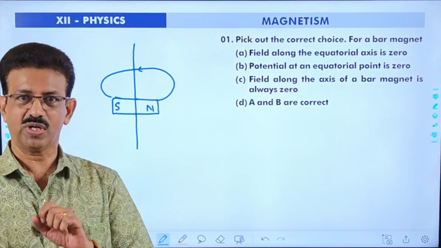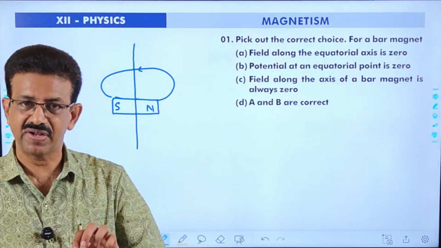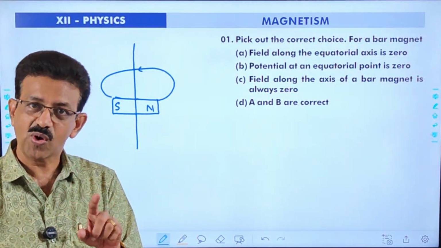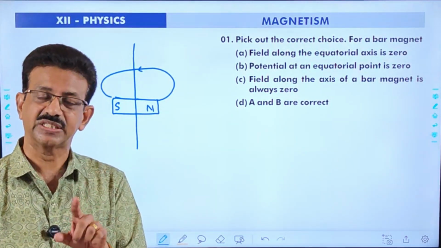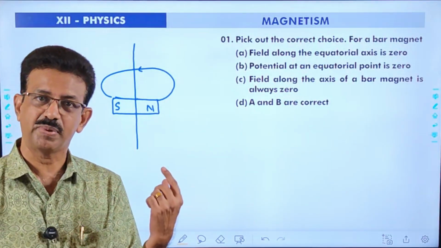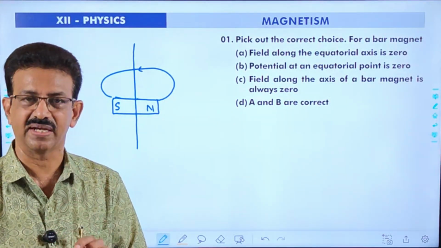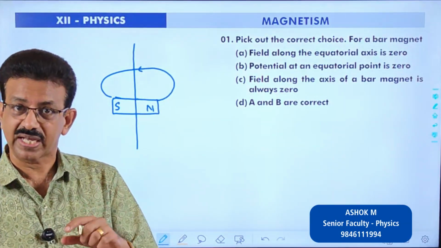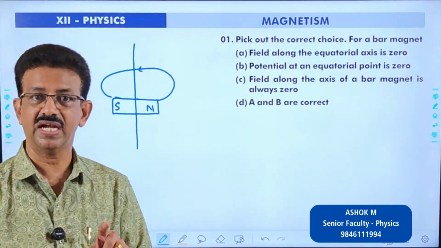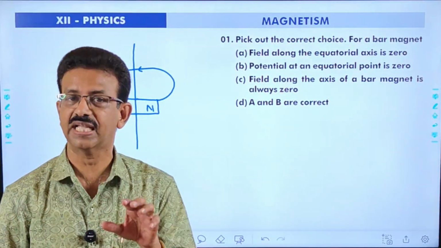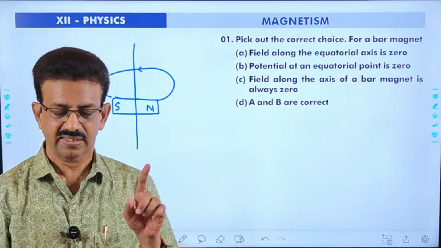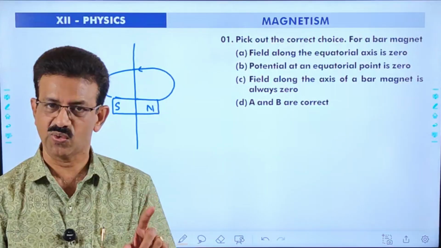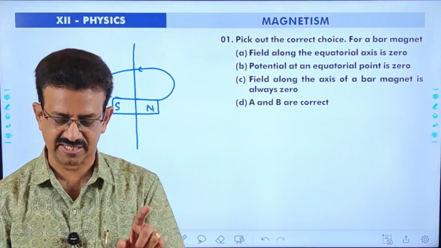The magnetic field is parallel to the bar magnet but in the opposite direction of the magnetic moment. Therefore, the field along the equatorial axis is actually 0. Therefore, the first choice is a correct choice.